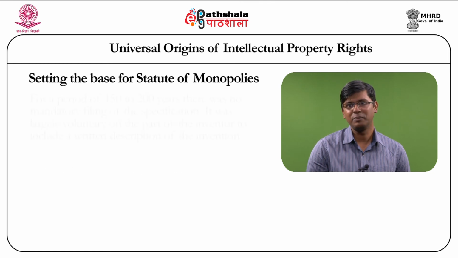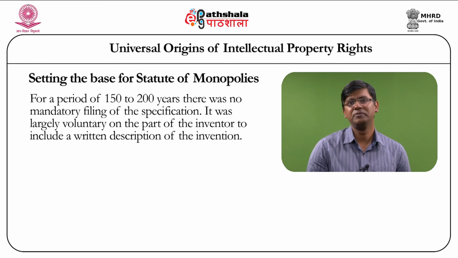Subsequently, after a 150-year period, it was also required that any inventor who wanted to claim a monopoly had to specifically file a specification that included a written description. So with that, we conclude the genesis of the patent system.